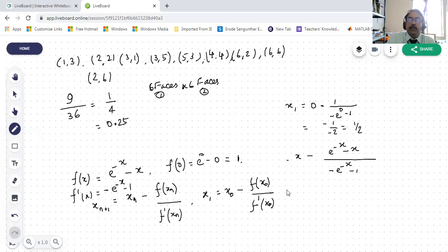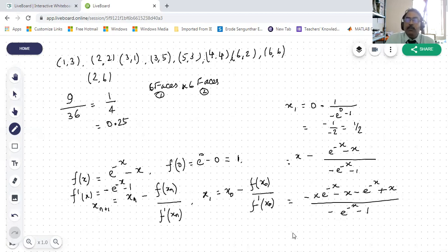Right? I simplify this. Minus x e power minus x minus x minus e power minus x plus x. Carefully you multiply the minus sign with e power minus x minus 1. You keep this minus as it is.